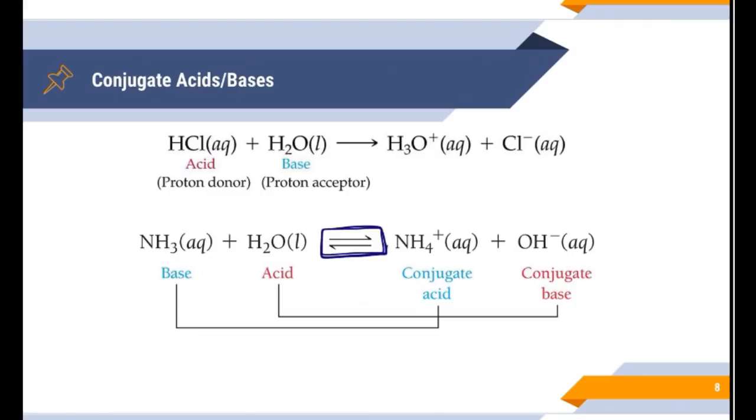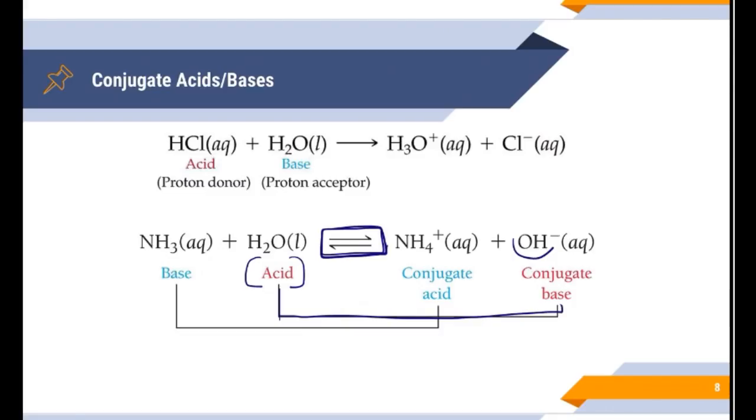If you look here, the water was acting as an acid, remember? And so when the acid does its job, it is going to donate a hydrogen and become OH minus. This is the conjugate base.